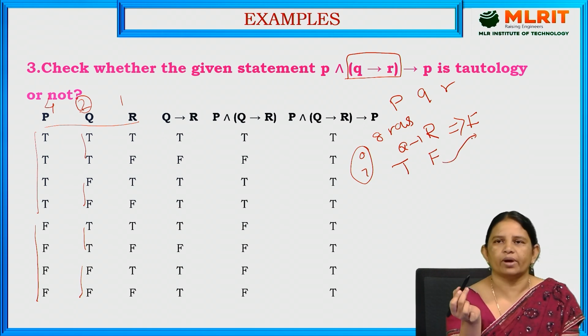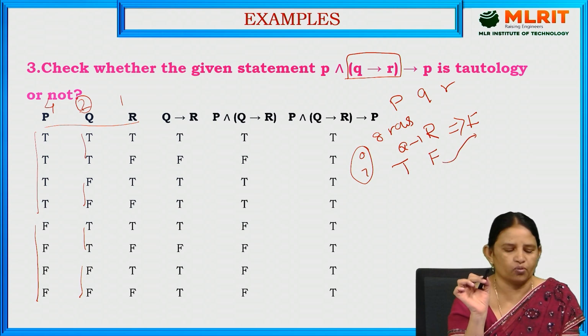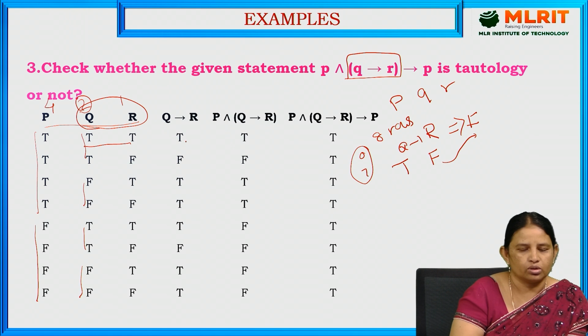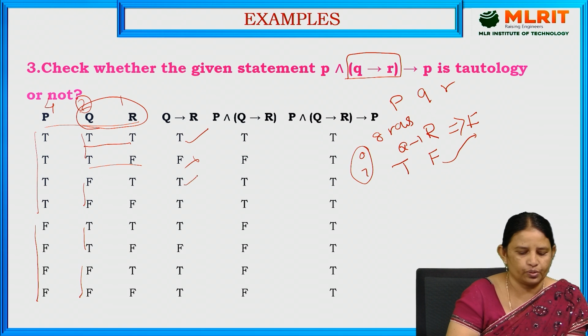For all the remaining cases, it returns a true value. Concentrate only on the Q and R columns. True, true is true. True, false is false. False, true is true. False, false is true. Then true, true, true, false, false, true, true.